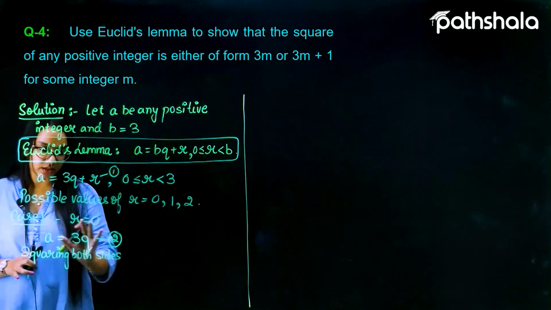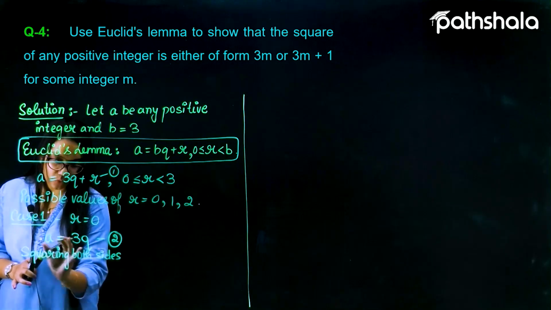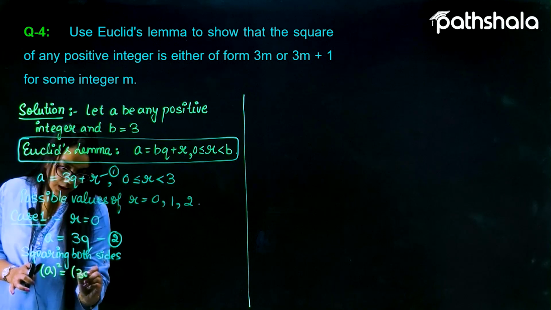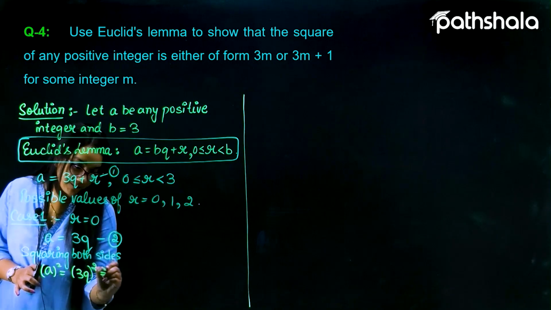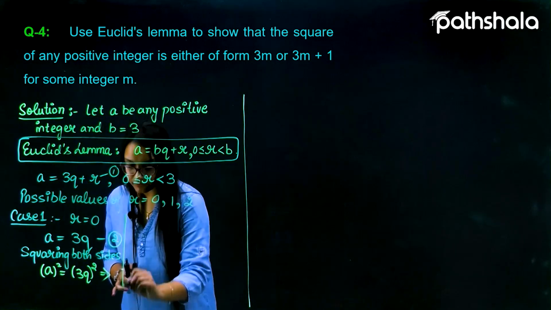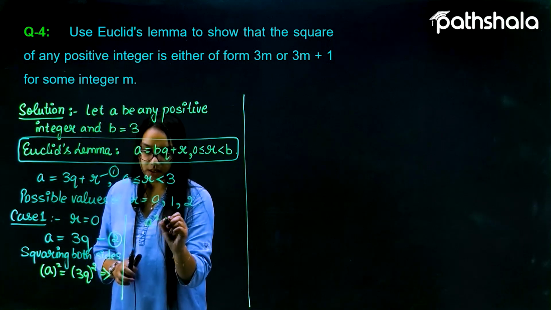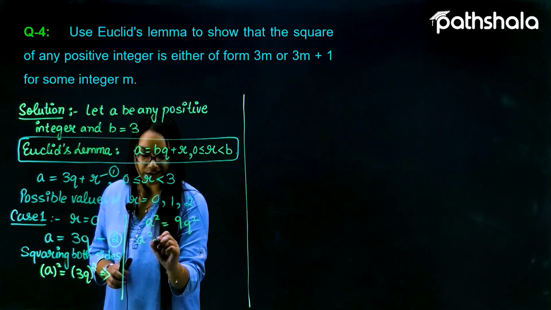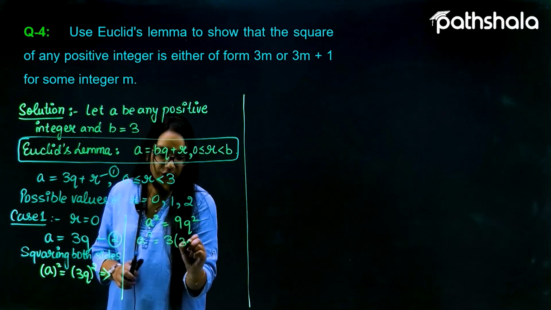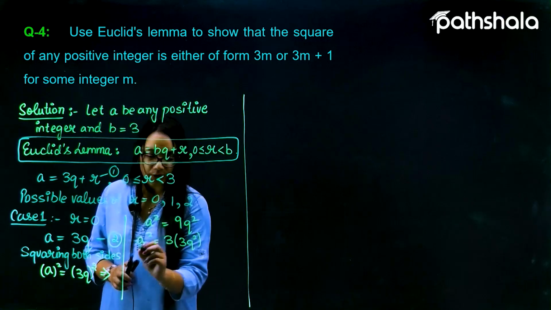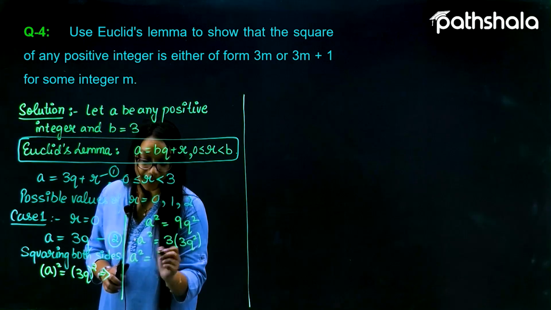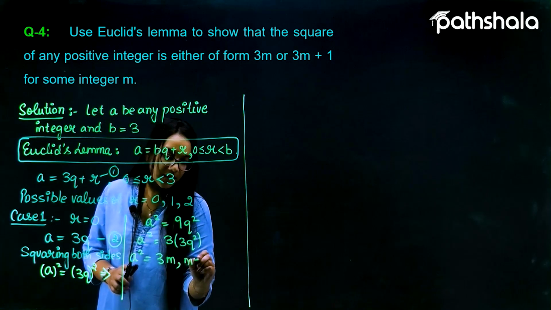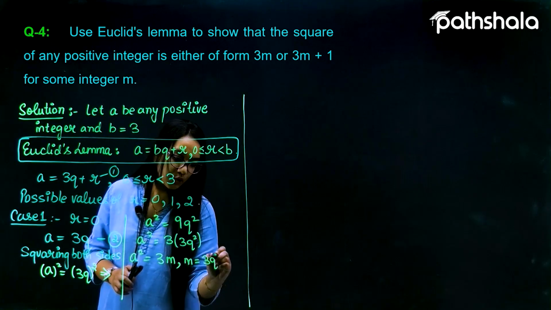Squaring both sides, we get a square is equal to 3q whole square. Further, a square is equal to 9q square, and I can write it in the form 3 into 3q square. So a square can be written in the form 3m, where m is 3q square.